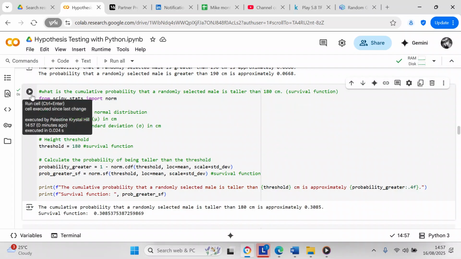And basically the survival function is 30.85%. It's the same as the 1 minus CDF, cumulative distribution function. That's just telling you that the survival function and the 1 minus CDF are the same.